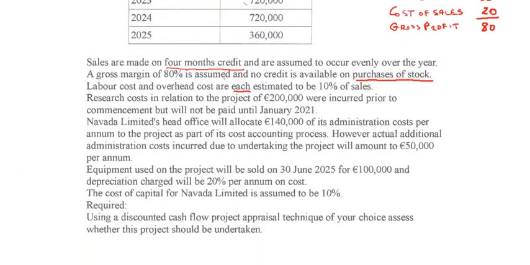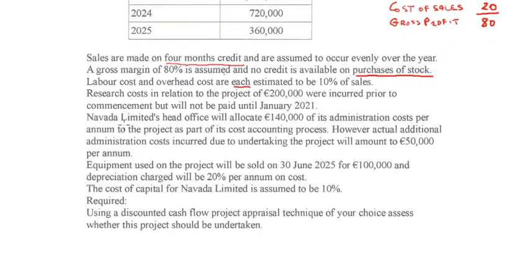Okay, the next bit of information is that Nevada Limited's head office, so they may have a number of different projects, has its own costs, and the only way for the head office to recoup its costs is through the projects. It doesn't have a revenue stream of its own, so the projects will have to allocate some of their cash to cover the head office costs.